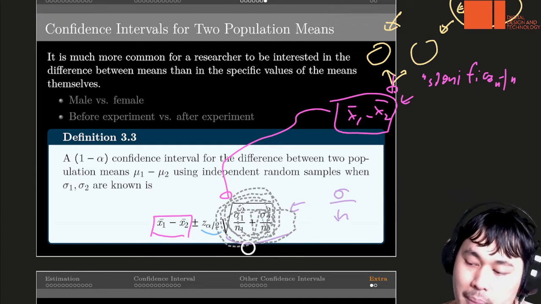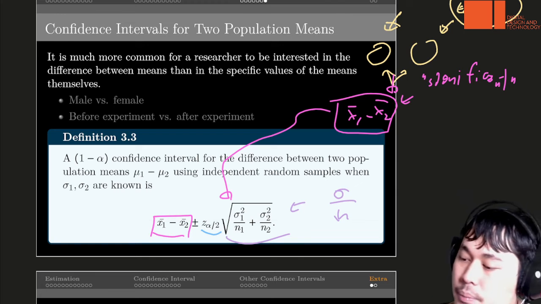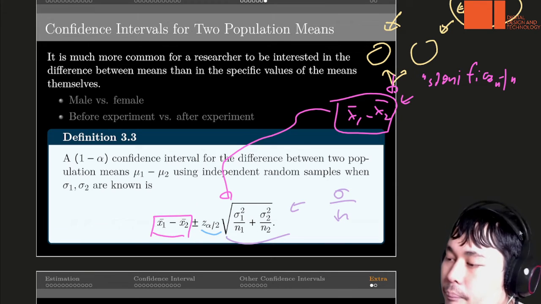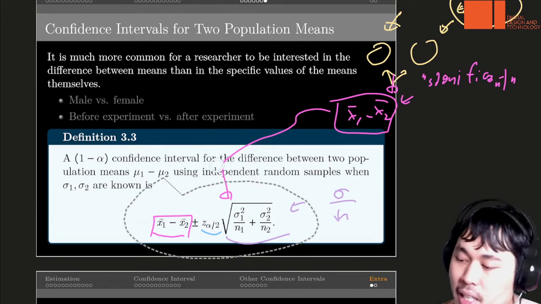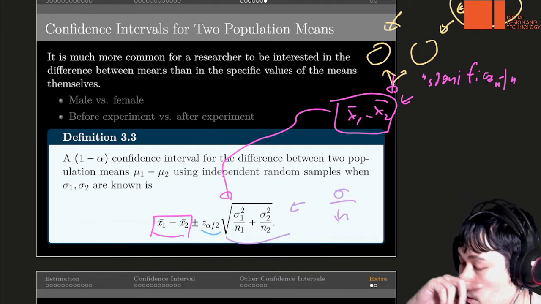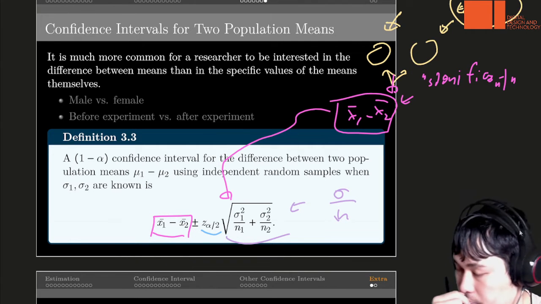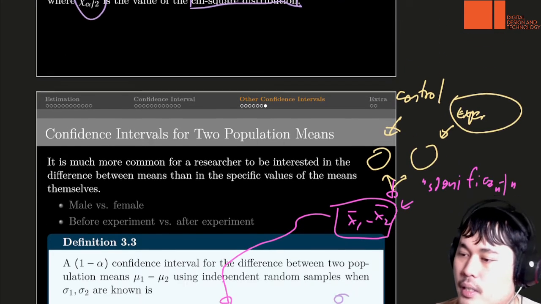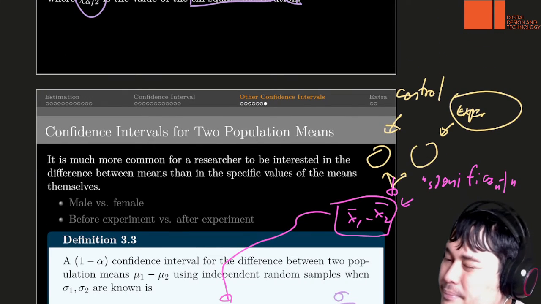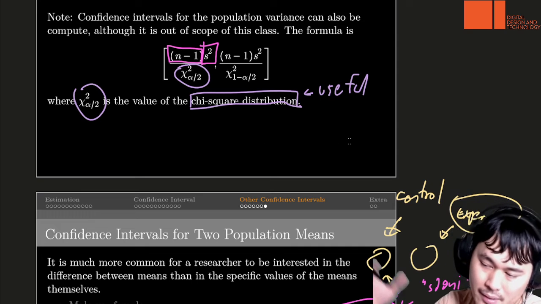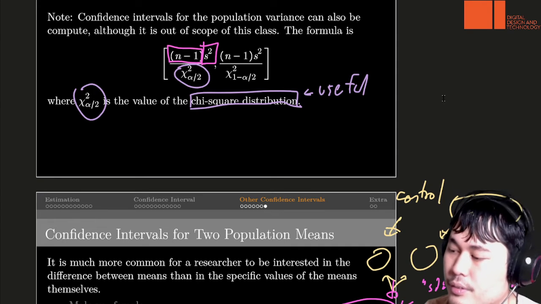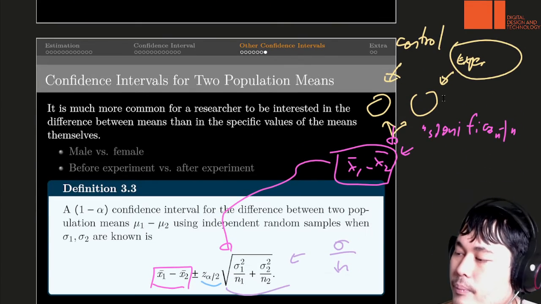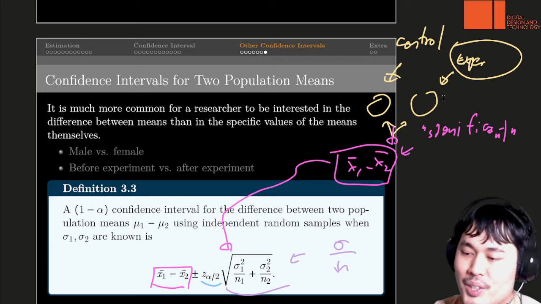So the way to combine them is using this formula. And at the end of the day, you get an interval of the difference. So this is the third kind, not the third kind, but a different kind of confidence interval that you might use in practice if you have to conduct research.